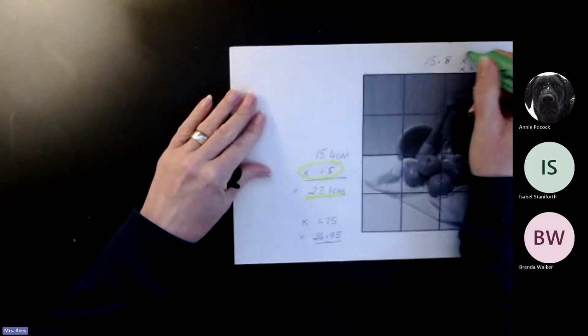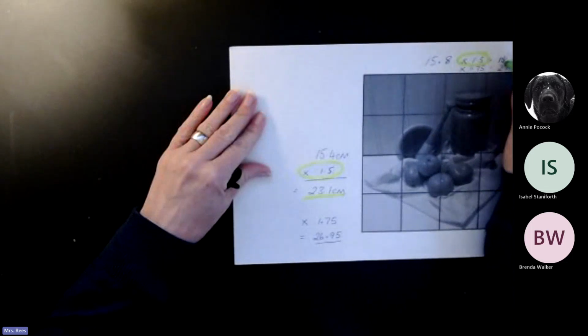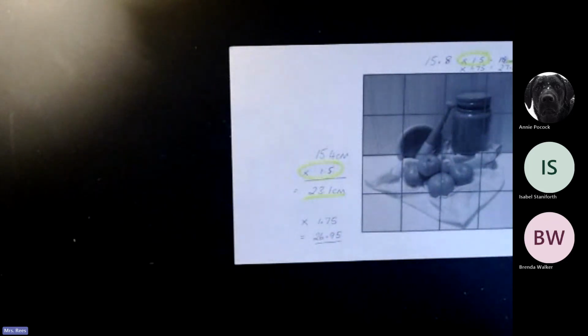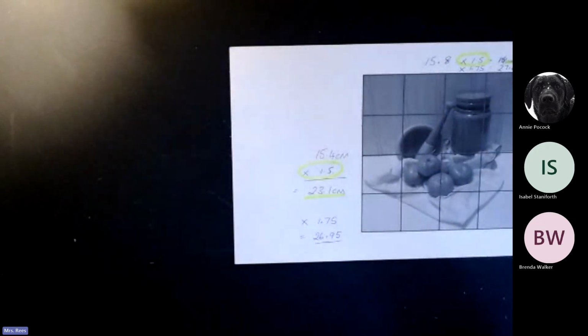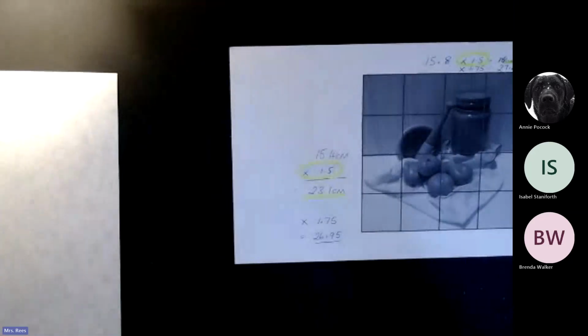And if I did this one by 1.5, it gave me just over 23 as well, which I thought, well, that's okay. But when I looked at my sheet of paper, it would still be quite small on A3. So I thought, okay, let's see if I can get the next size up. I knew that 2 would be too large and it would come off the page.